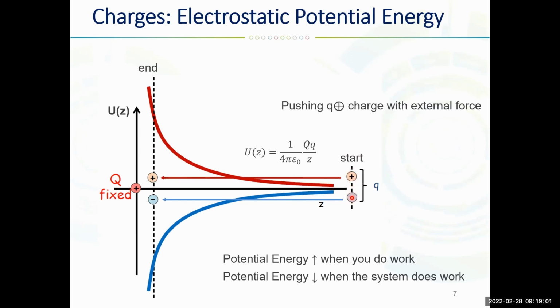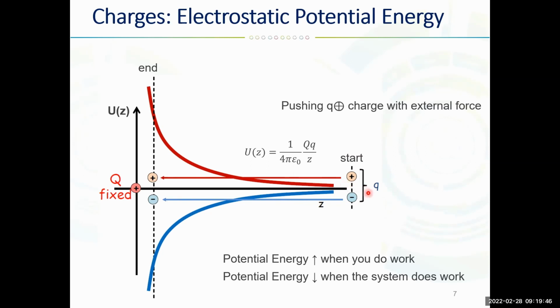And what we would like to do is consider the motion of each charge in turn, and then try to see how the electrostatic potential energy varies while we're moving these charges closer to the fixed charge, the capital Q. And again, it's just a reminder that if the polarity of two charges is the same, so that means that if capital Q and small q are both positive or both negative, the electrostatic potential energy increases as the separation between two charges decreases.